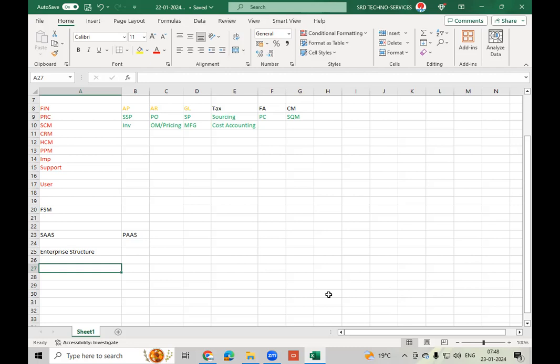In EBS also, the structure is almost the same. But at some levels the naming convention is different, though the purpose is almost the same. Also, the significance slightly changed in some levels, not every level.